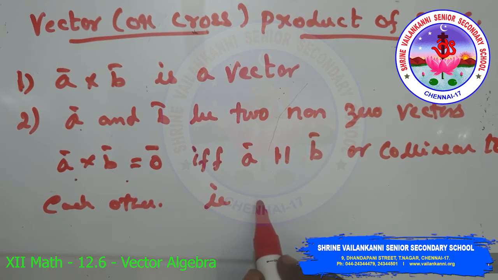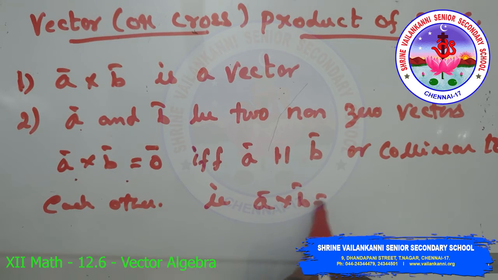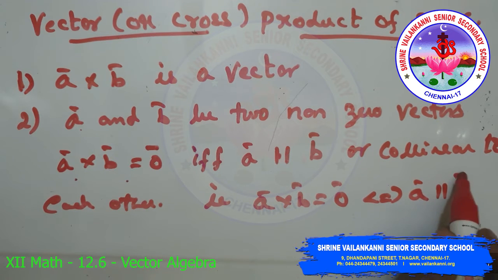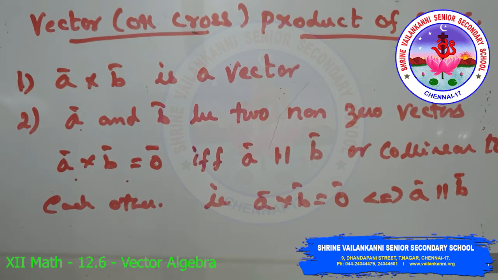Here, if a cross b equal to 0, then either a equal to 0 or b equal to 0, or a is parallel to b.